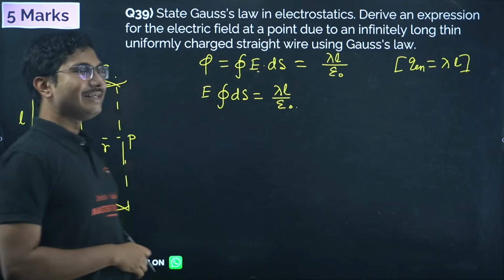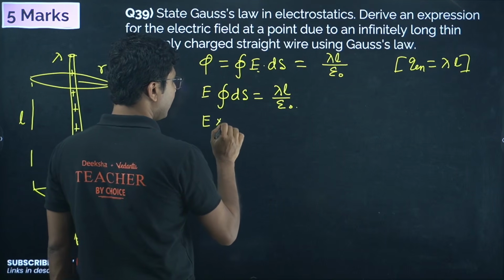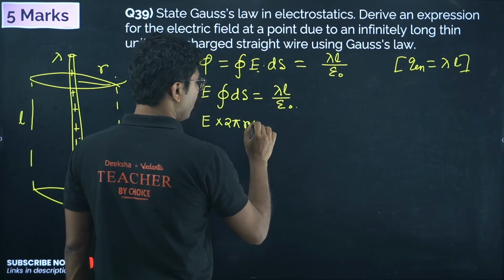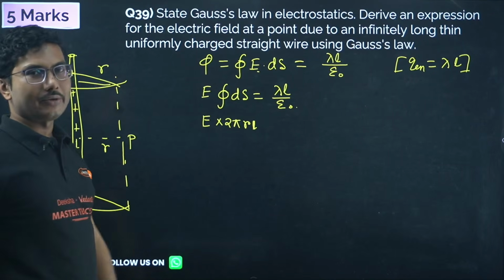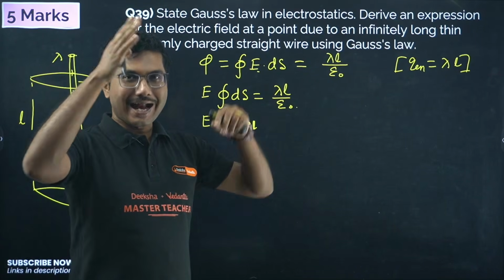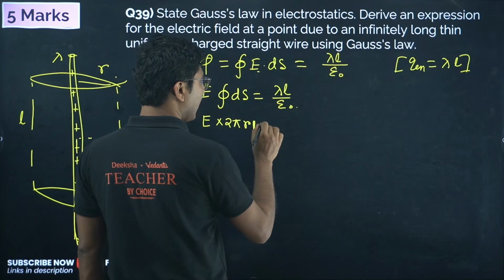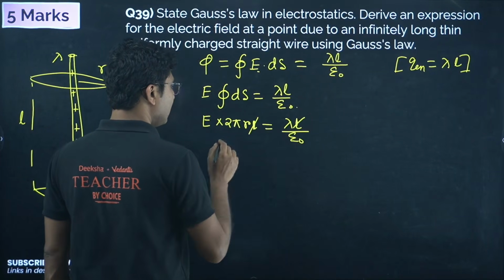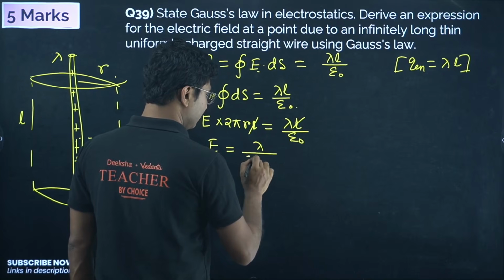Now what is ds? ds is the curved area of the cylinder, which is 2 pi r into L. 2 pi r is the length, and if you multiply with L you get the area. If you cut it, it becomes a rectangle, with length 2 pi r and width L. So E into 2 pi r L equals lambda L by epsilon naught. Obviously L cancels. L was not given in the question because it is an infinite wire.